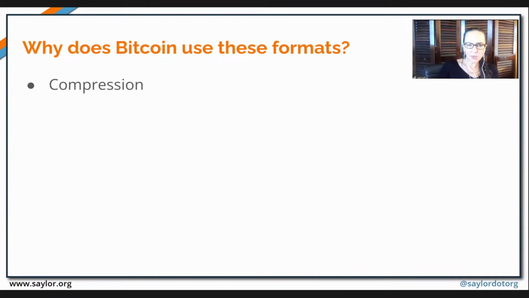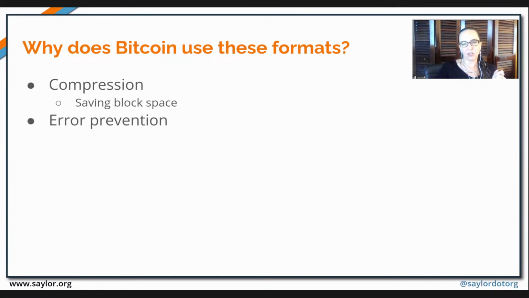As we go through these, we'll see that compression is a really common theme in these formats. You want to save on block space. Error prevention is another one, especially when it comes to Bitcoin addresses. We're trying to walk the line between making something really compressed that a computer can read, but also something that a human can work with without too much error.